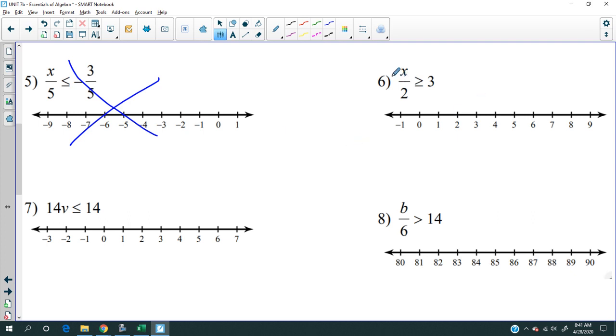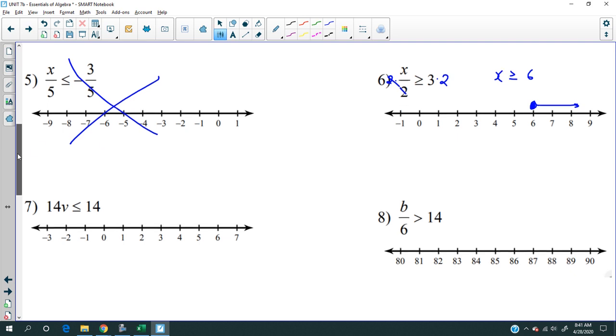Okay, all right. So here for number 6, I'm going to multiply by 2 on both sides. Cross cancel. Got x is greater than or equal to 3 times 2. That's 6. So 6, arrow to the right. Fill in the circle. Now, how is 7 different from any questions we've done today?